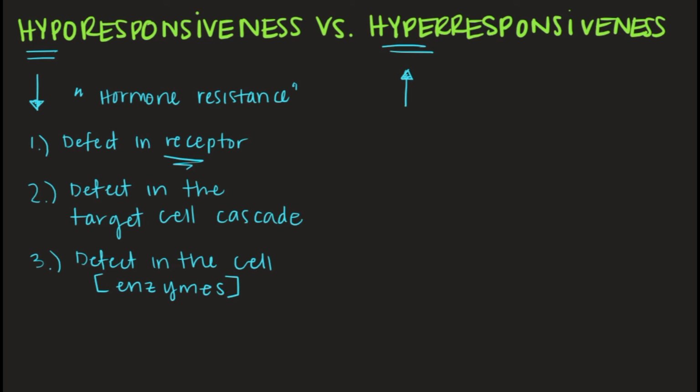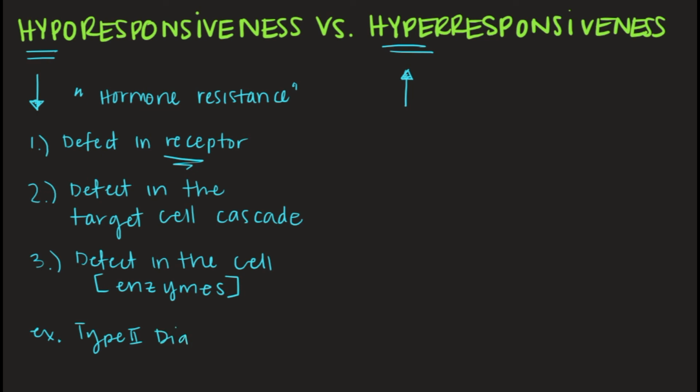And if there's a defect in the metabolism or a pathway, it can cause issues for the cell. So in this case, if we're missing an enzyme or the enzyme itself is defective, it can also cause hyporesponsiveness.